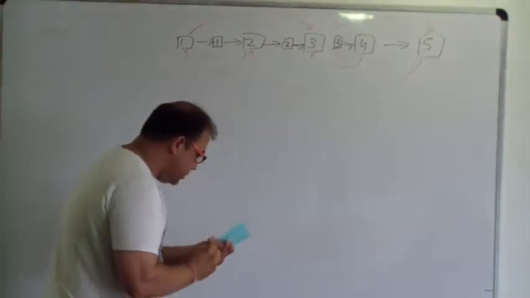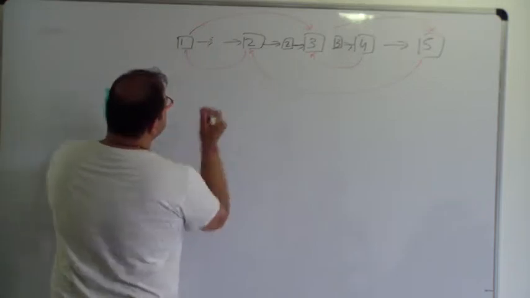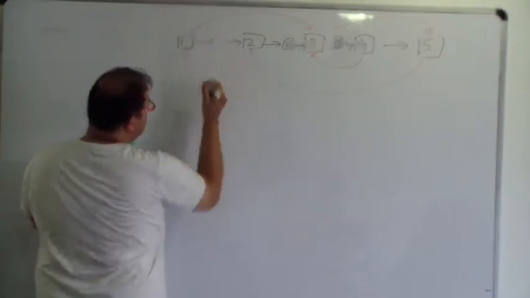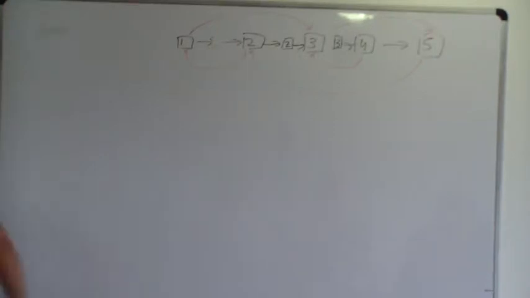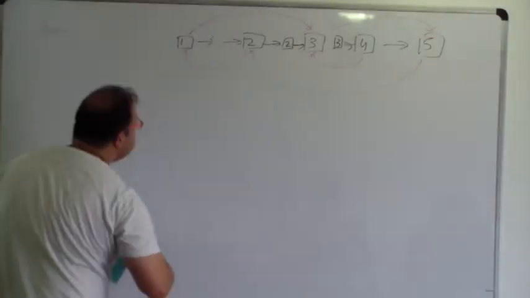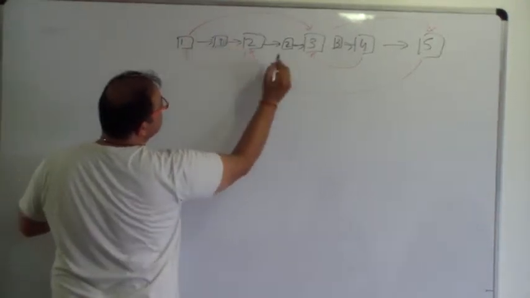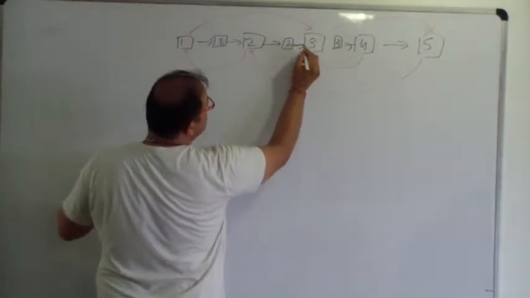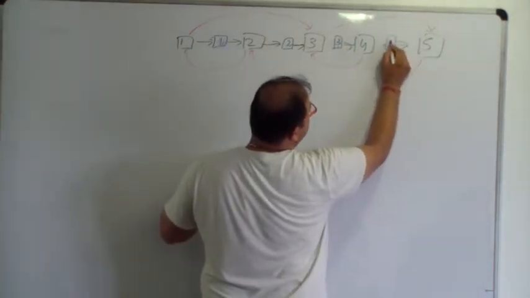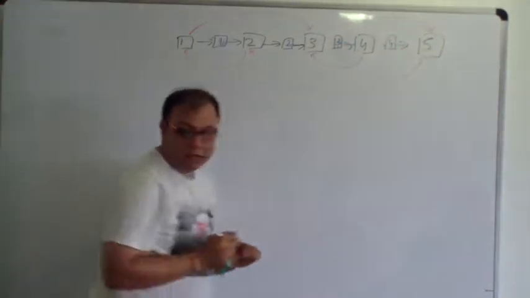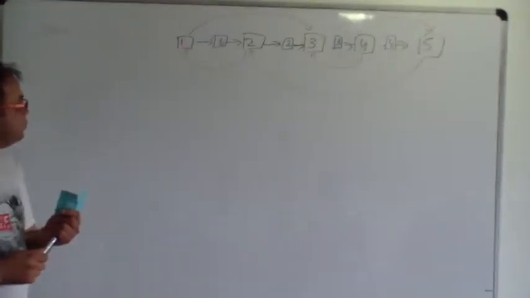I should have done it in a different color. So we have a 1 and 2 and 3 and 4 and 5. So 1 is pointing to 2, 2 is pointing to 3.